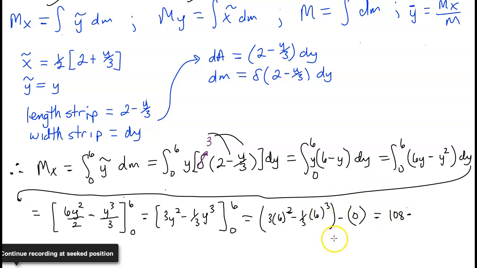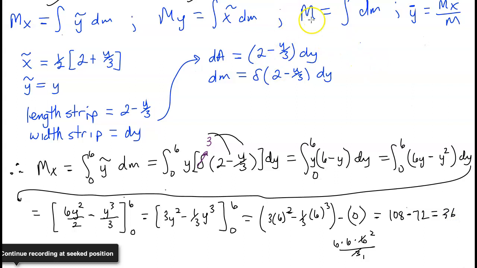And of course, 6 cubed, I'm just going to work that down here. 6 cubed divided by 3. We know 6 divided by 3 is 2. And so we got 6 times 6, which is 36, times 2, which is 72. So we'll have that. And of course, the difference between 108 and 72 is going to be 36.